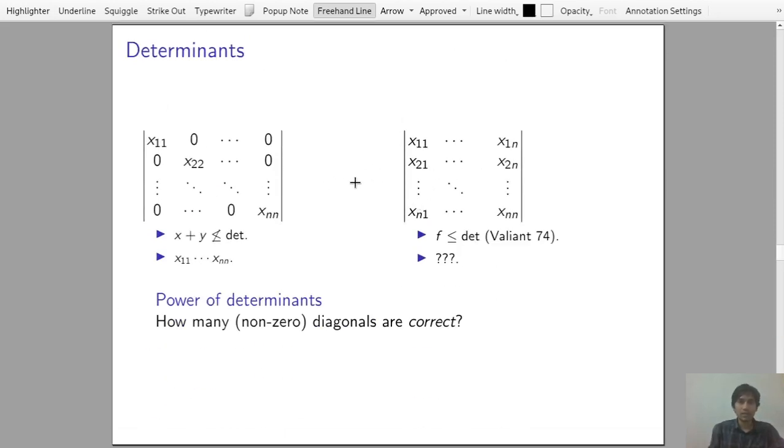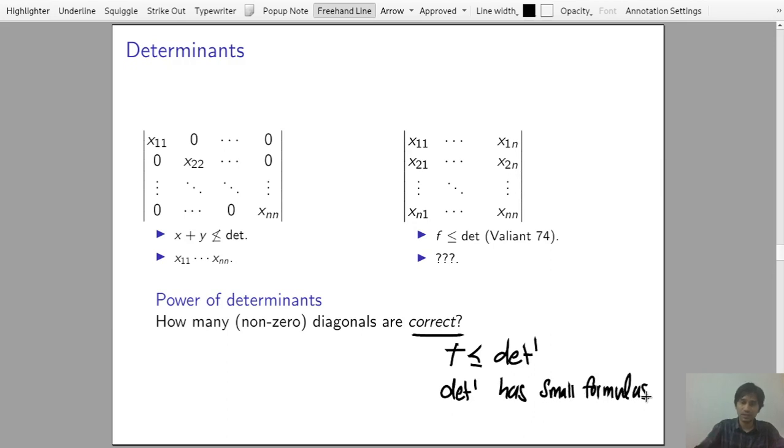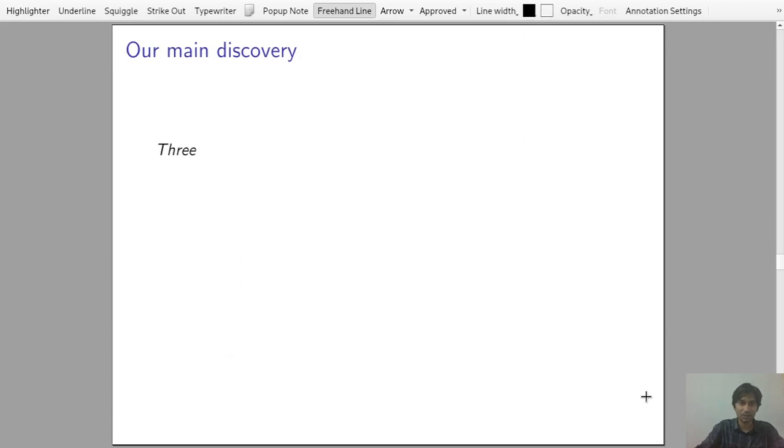So a natural question that falls out of this is how many non-zero diagonals are enough? Where enough means that f is reducible to this determinant family, and this determinant family also has small formulas. This is one of the questions that we look at in this paper.